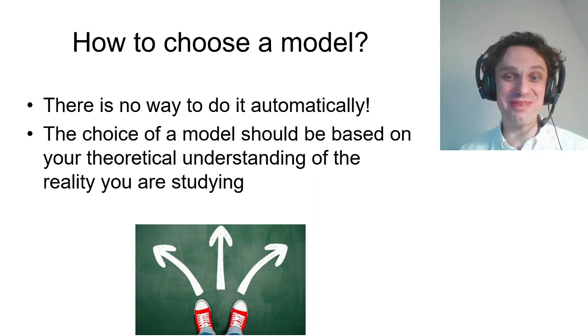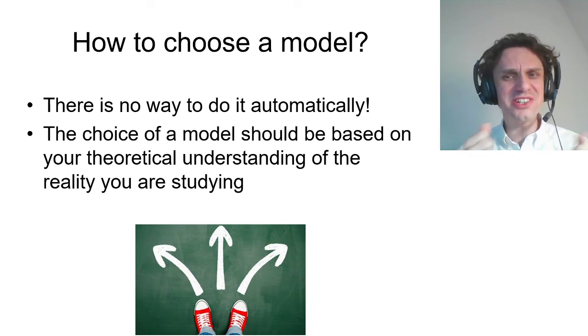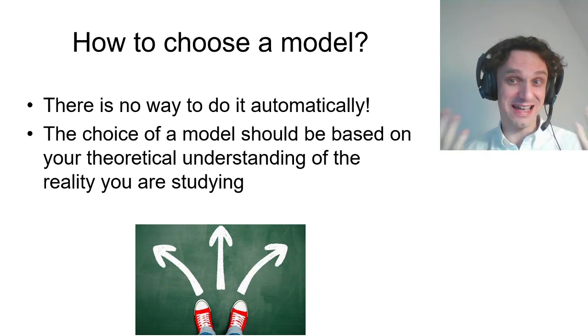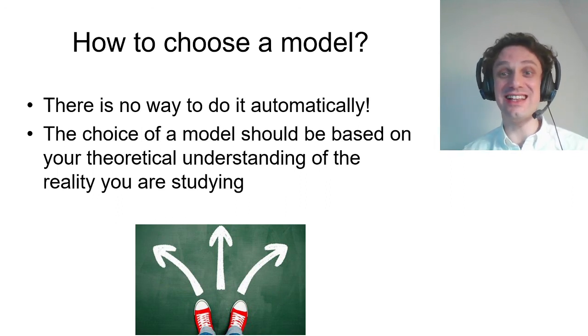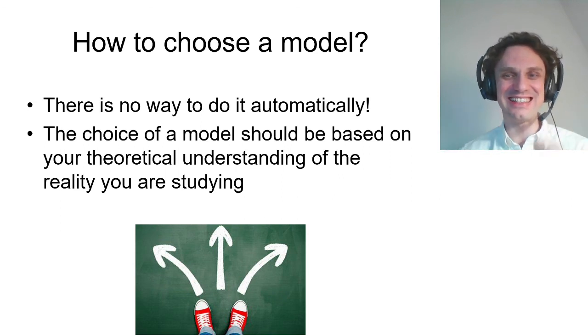The question that people very often ask me when we discuss this topic is, how can you actually choose between different models? Maybe it's possible to use some kind of automatic statistical procedure that will develop a model for you. Unfortunately, I hope that you now realize that the number of possible models exceeds the capabilities of any computer, and often it is actually a stupid and meaningless model that fits the data much better than a theoretically meaningful model.